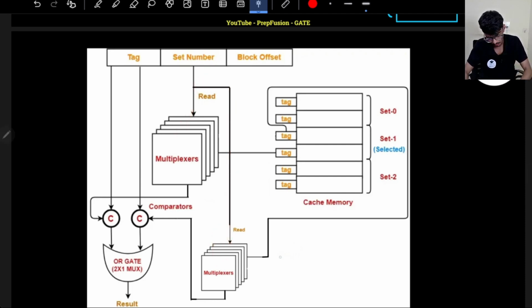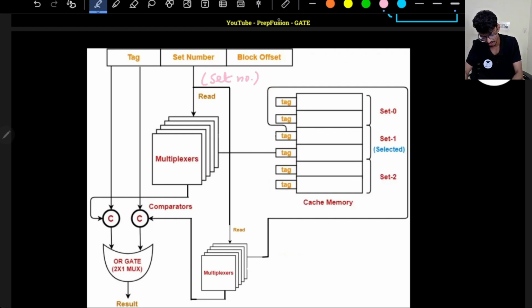Now this multiplexer is used for select. Basically in a set, we have to select both the tags, right? So the input line here is the set number. So this will be the set number, that will be the select line. This will be the input of the mux.